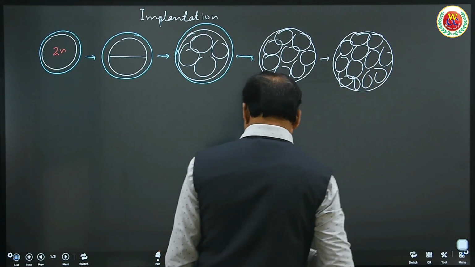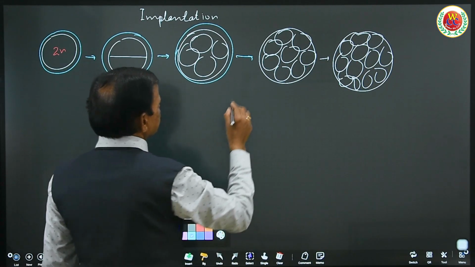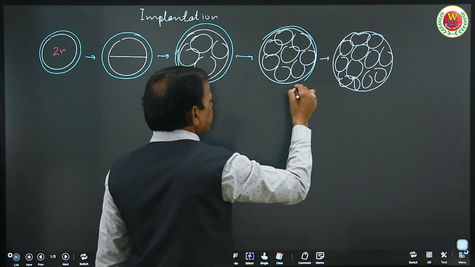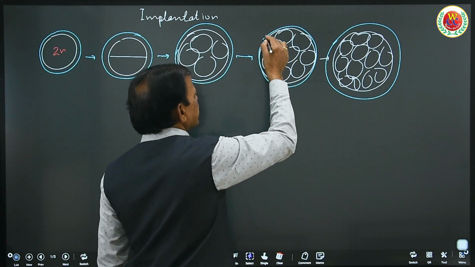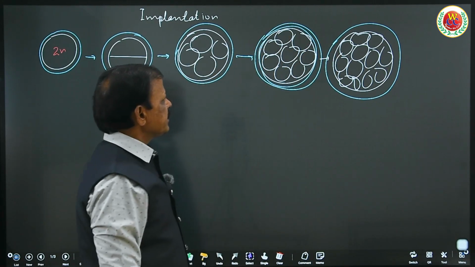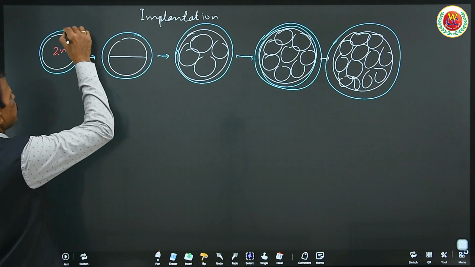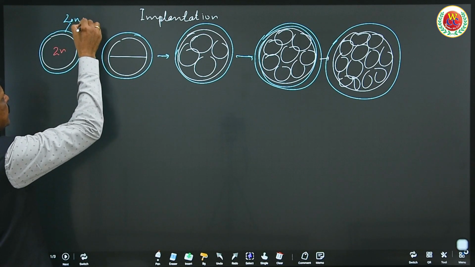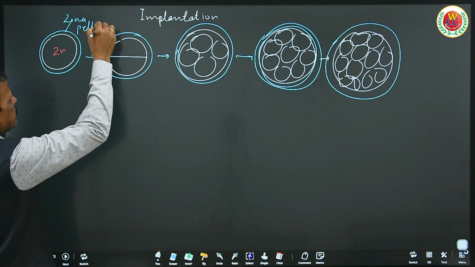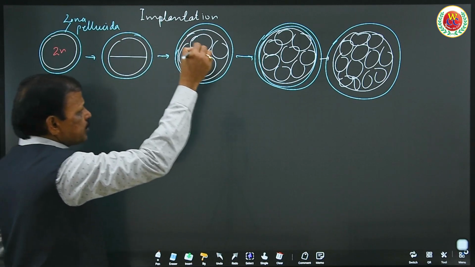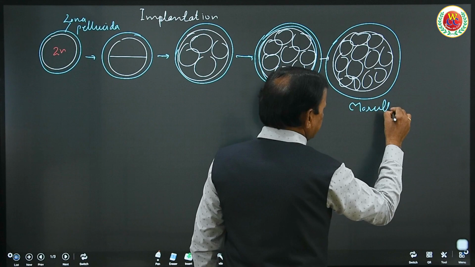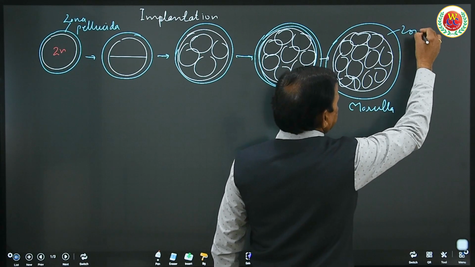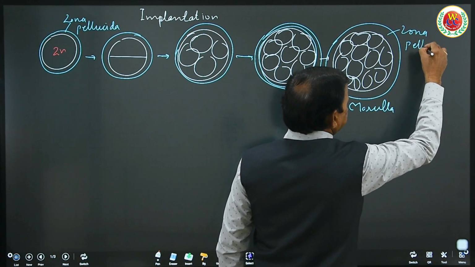The remaining cells are from that side, so you need not have that exact count in the given diagram, but it is very important to understand the different stages. See, the zona pellucida continues even in the morula stage. Zona pellucida.